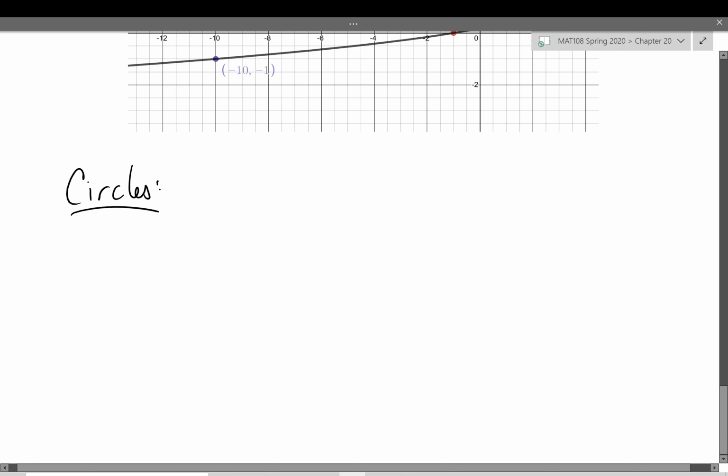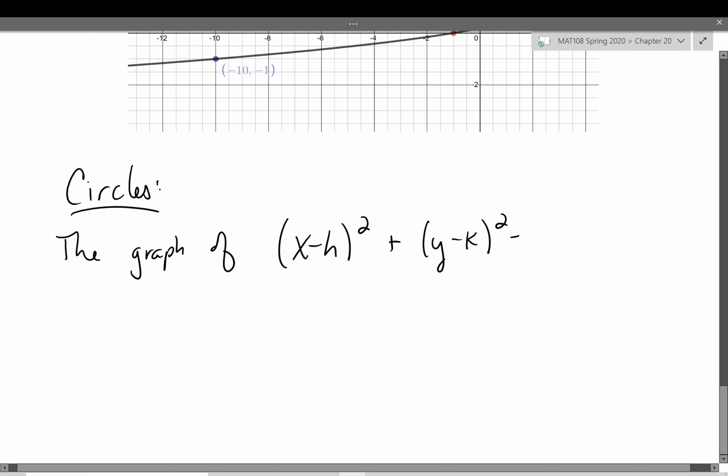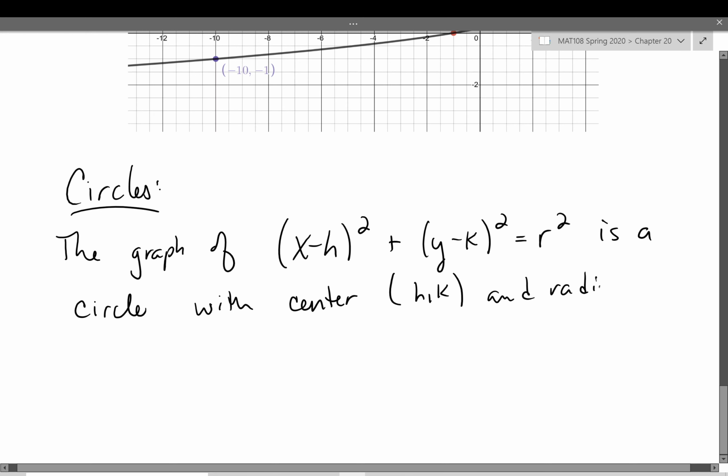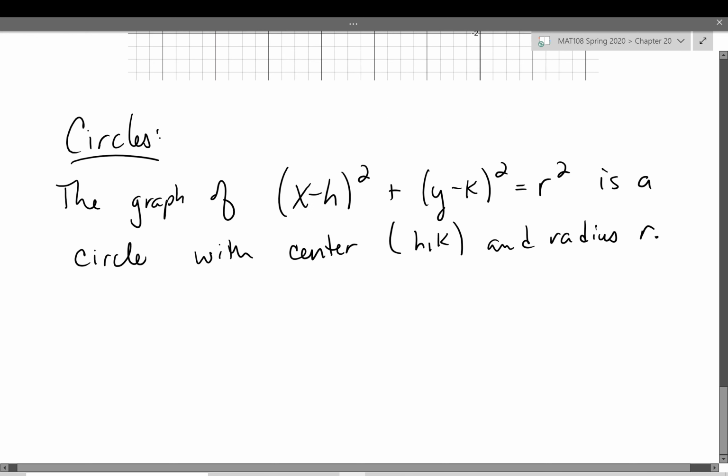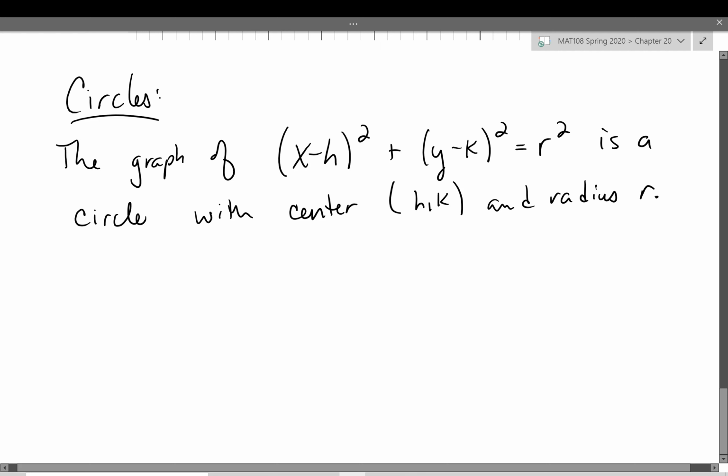So the graph of a circle, and here's the general form of a circle: (x minus h) squared plus (y minus k) squared equals r squared is a circle with the center h comma k and radius r. Okay? Now, there is one special circle.